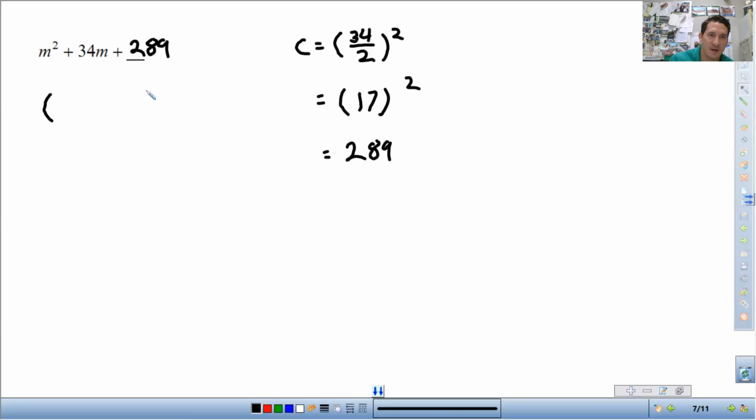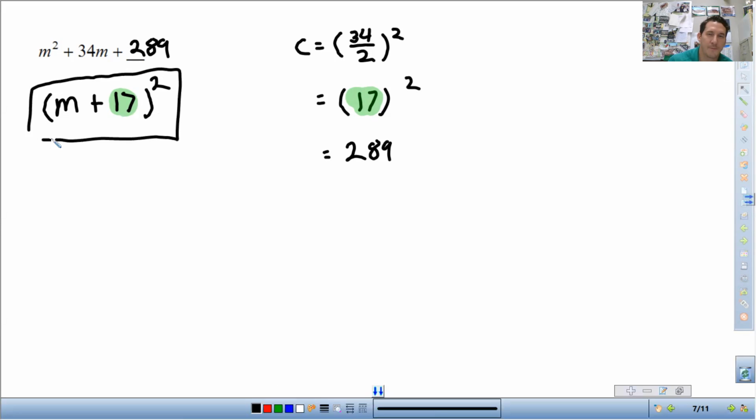And then when I factor it, it's going to be n plus 17 squared. If you want to double check it with the X factor, you can, but that's how it's going to work out every time. This is what completing the square does. You make the perfect square trinomial so it factors nice and easy.